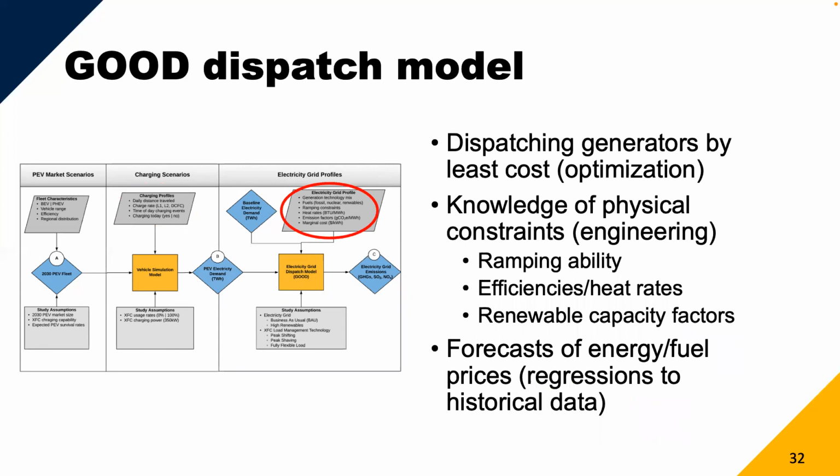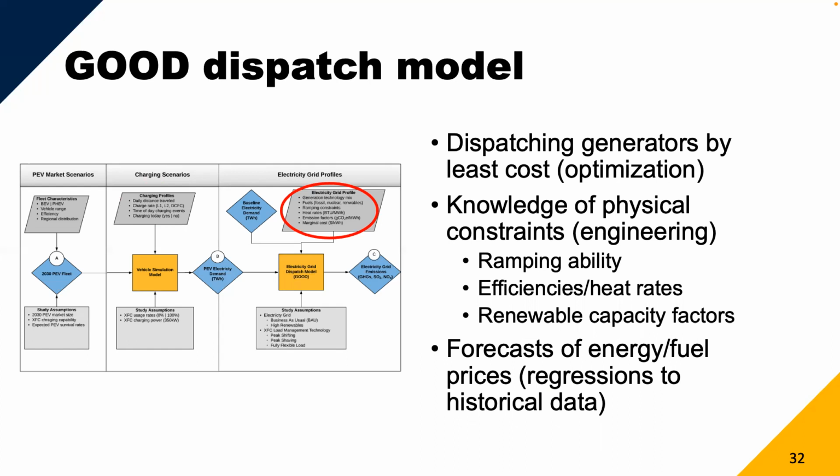We dispatch generators using least cost optimization. And similar to the SWITCH model, there are physical constraints on all of the generators that we take into account, things like ramping ability, heat rates, and renewable capacity factors.